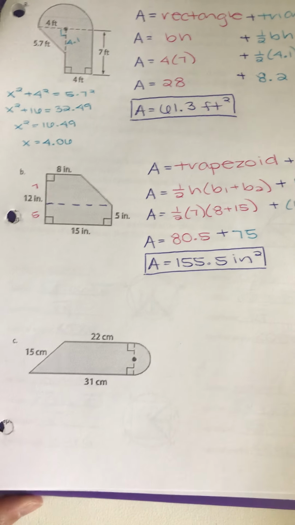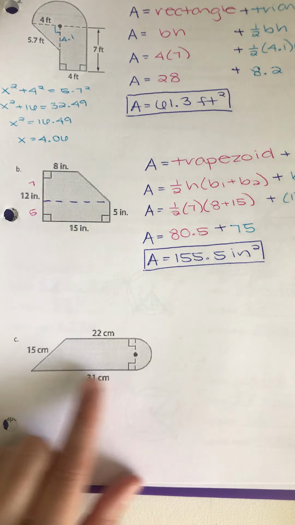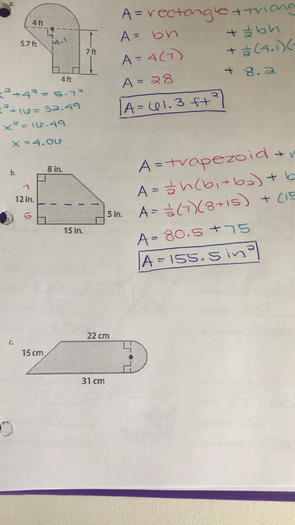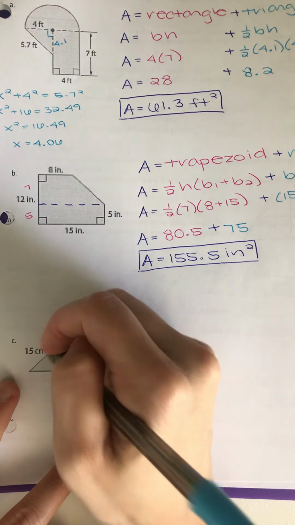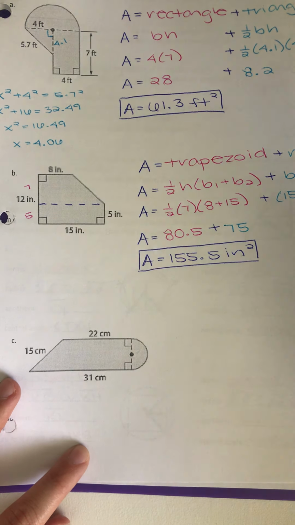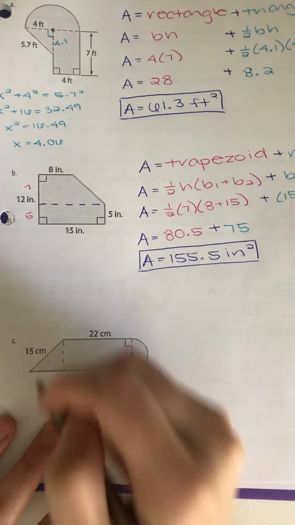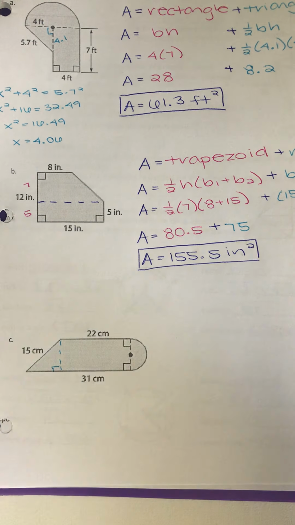All right, last one. I have a semicircle and I have this figure here, which kind of looks like a trapezoid, but I can't figure out what the height is without breaking that up and making it a triangle right here. So I'm going to draw a little triangle right here. So I can still do a semicircle and a trapezoid.